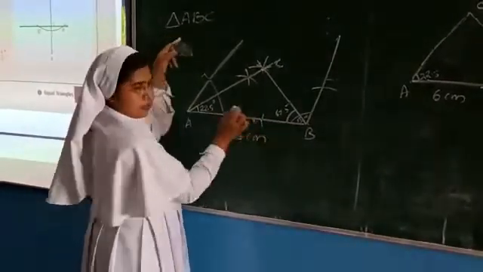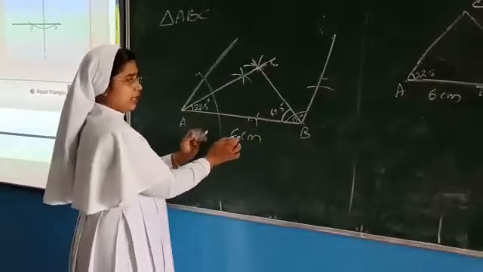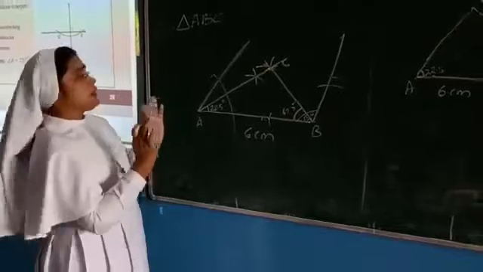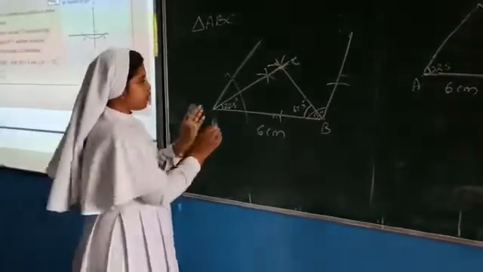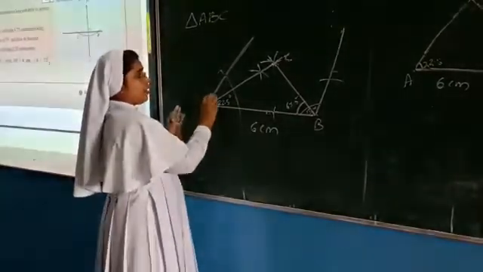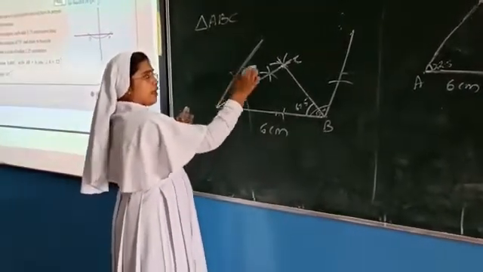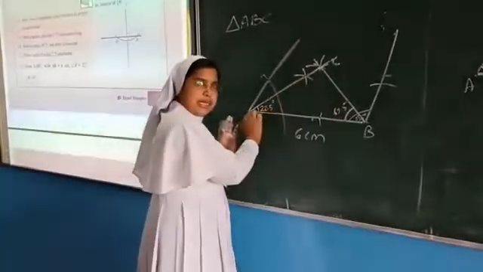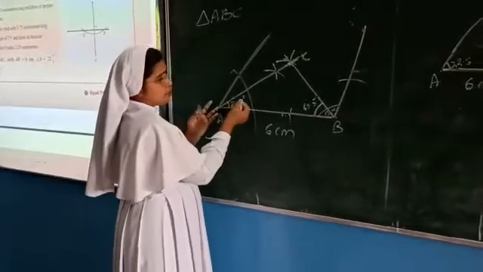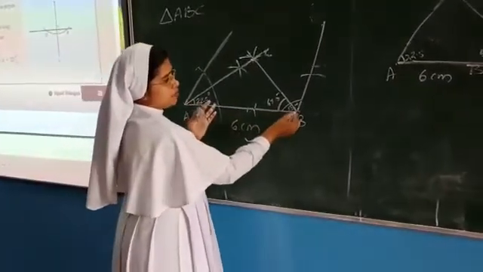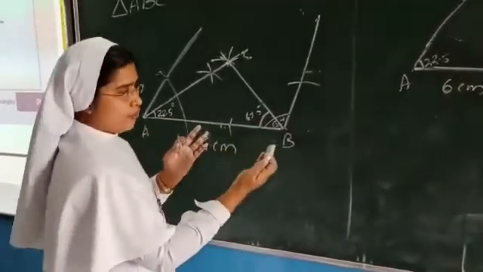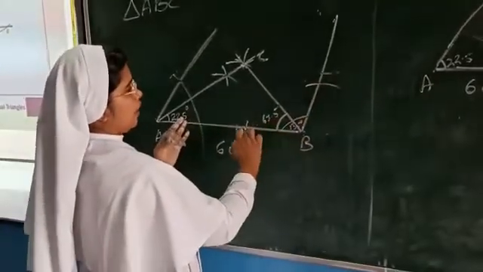So AB was given to us first, AB we have drawn, and next was angle A. Angle A was 22.5. Okay, so in order to draw 22.5, as we have done earlier, we have drawn an arc here. From there another arc joining that we got a bisector. Okay, so we have got angle A is equal to 22.5. Now another one was B was 67.5. For that one we took double of that one and we drew an arc here.